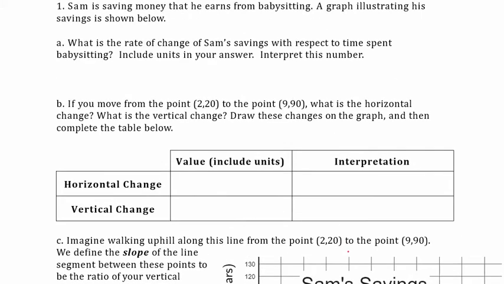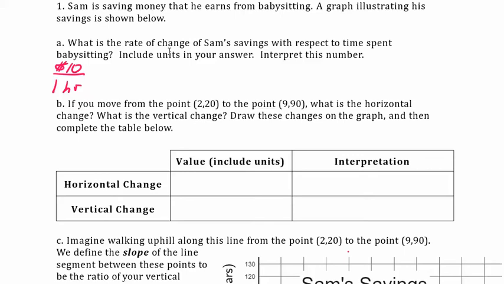All right, so our rate of change is an increase of $10 divided by a horizontal increase of 1 hour. So we included the units in our answer. That's great. So if we wanted to interpret this, the $10 is how much Sam is saving, not how much he's earning, right? Let's go down and look at that. Oh, it says it up here, doesn't it? It's how much he's saving.